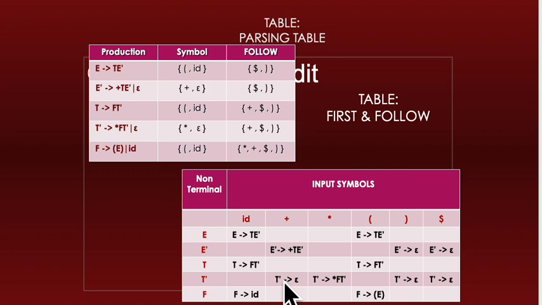So this is how you fill the table. First step is you have to eliminate left recursion. Second is you have to compute first and follow. And third step is you have to prepare a table. While preparing the table, if first of that non-terminal contains epsilon, then only include follow symbols, or else don't include follow symbols in the table.